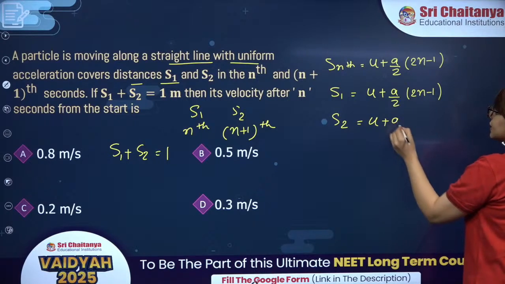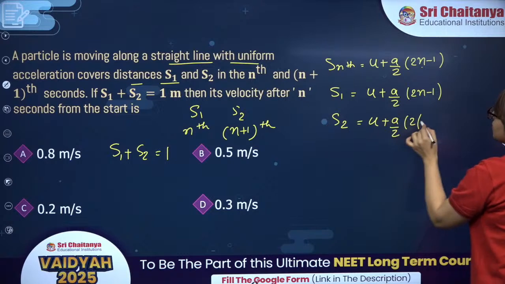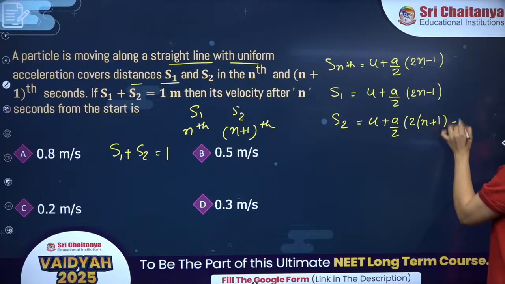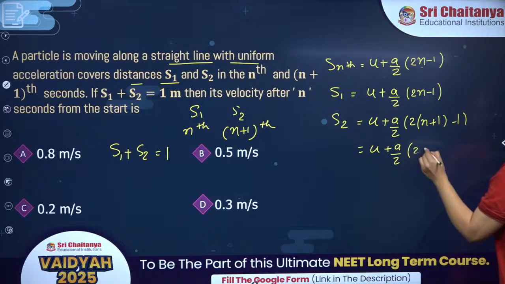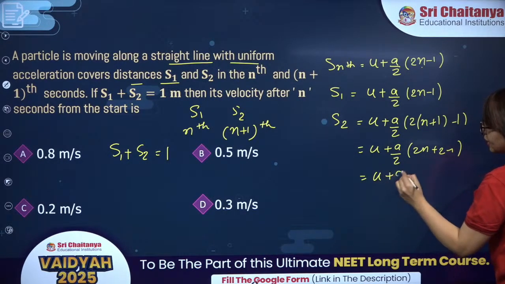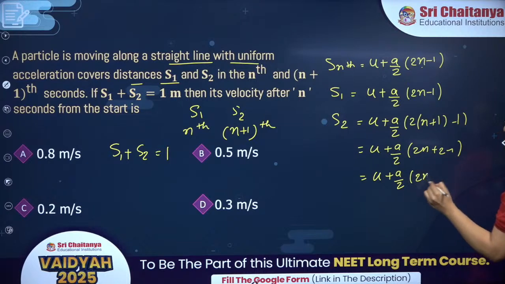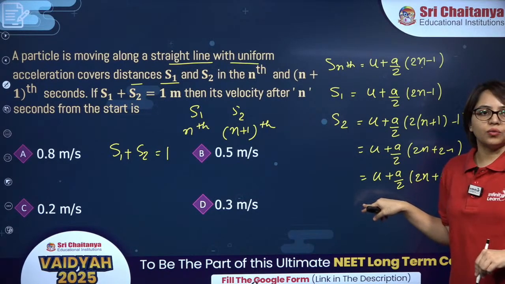So it is u plus a by 2 into 2, instead of n, you have to put n plus 1 minus 1. So it is u plus a by 2 into 2n plus 2 minus 1, which is nothing but u plus a by 2 into 2n plus 1. Okay. So this is S1 and this is S2.